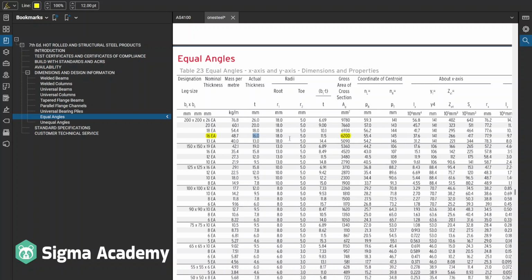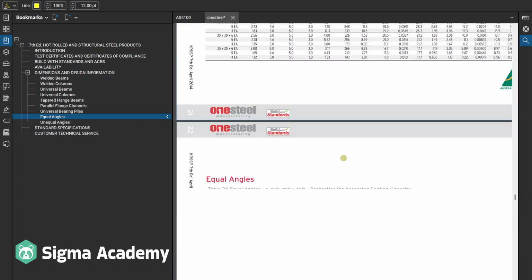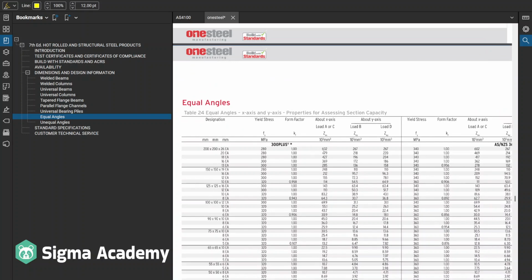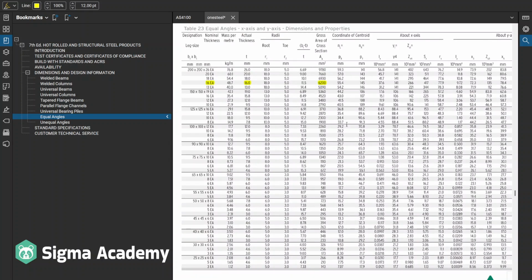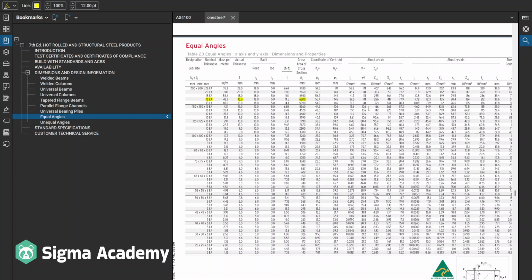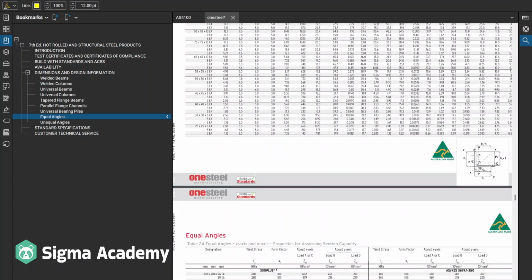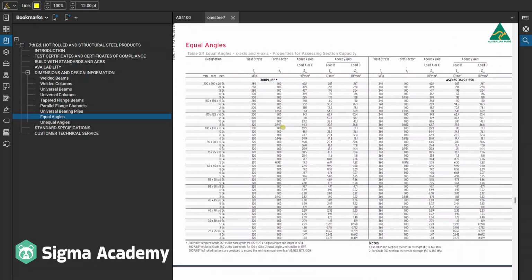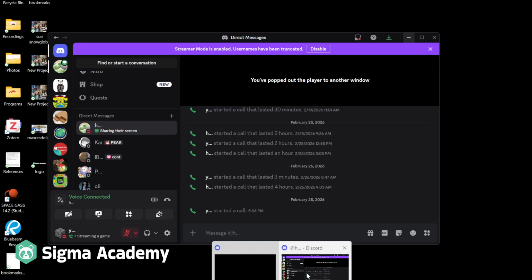The thickness, which is 16, as per the name. And if we scroll down to the next page, the difference between this table and the one on the next page is this table is geometric properties only. If we want material properties like yield strength, we want to go to this next page. And we're told that our question is, sorry, let me go back to the question real quick.